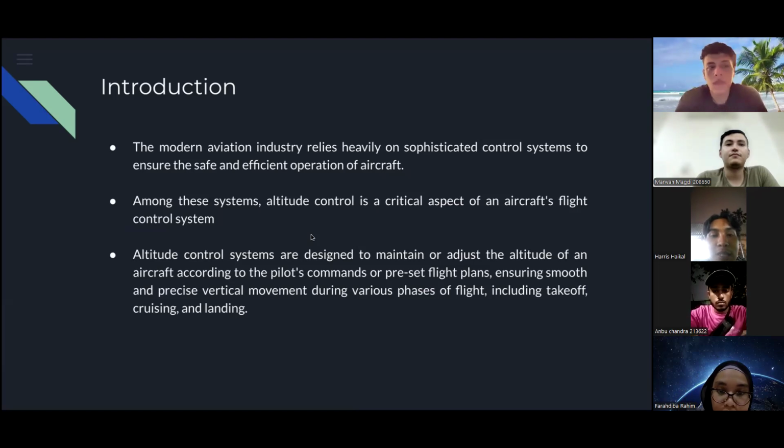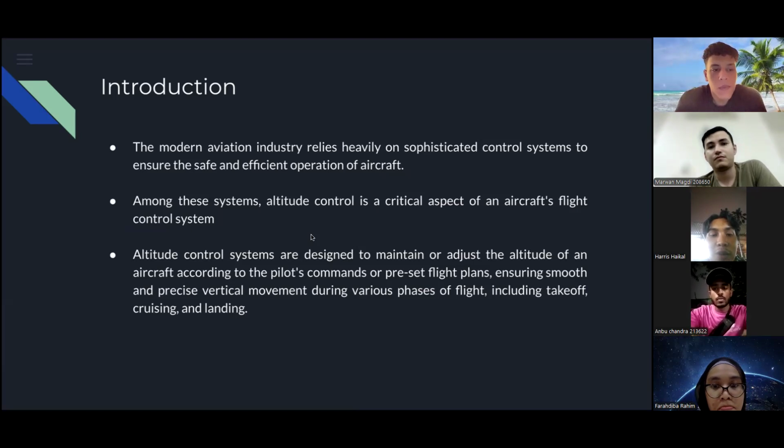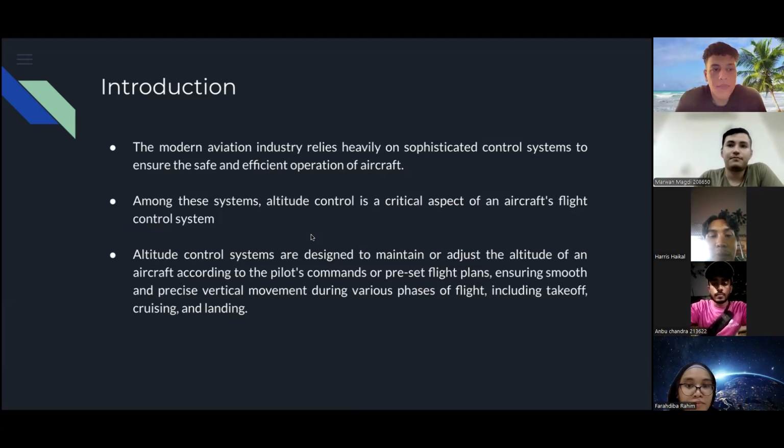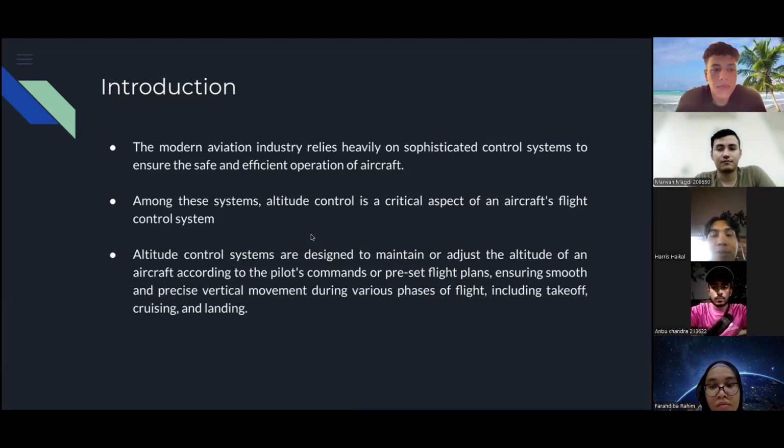Among these systems, altitude control is a critical aspect of an aircraft's flight control system. Altitude control systems are designed to maintain or adjust the altitude of an aircraft according to the pilot's command or preset flight plans, ensuring smooth and precise vertical movement during various phases of flight, including takeoff, cruising, and landing. Next slide.